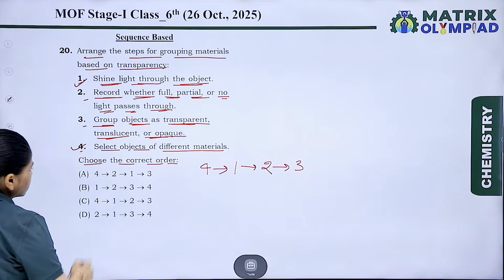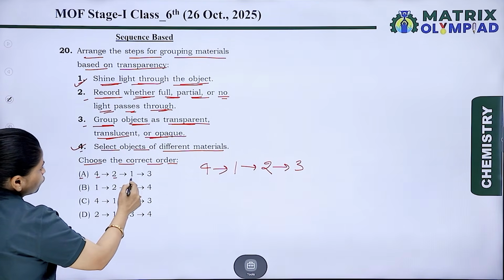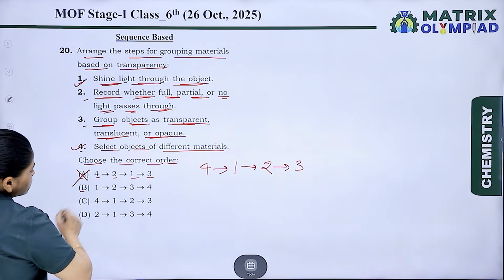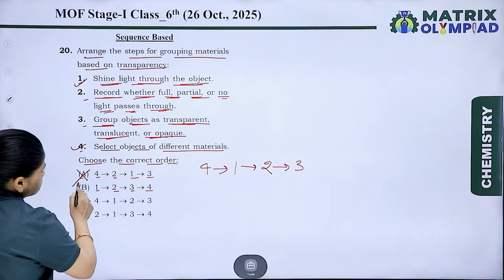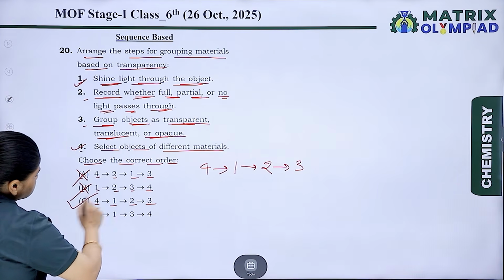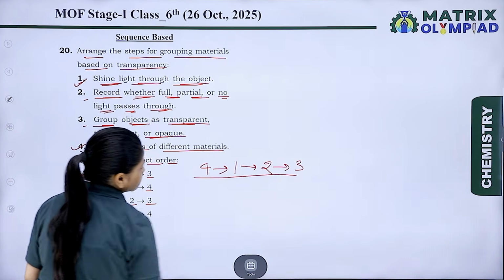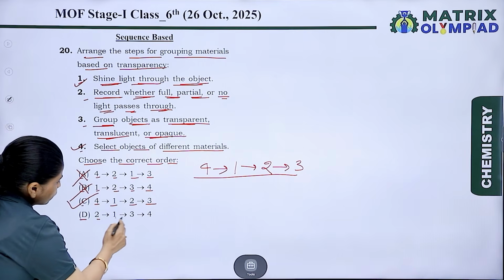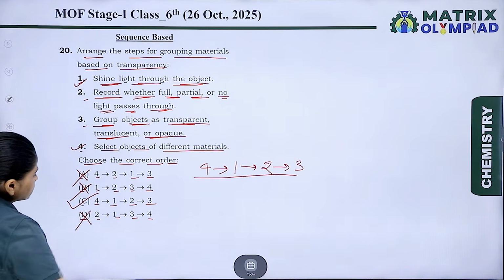So options are: option A 4 2 1 3, this is wrong. Option B 1 2 3 4, this is again wrong. Option C 4 1 2 3, yes, this is the correct order. And option D 2 1 3 4, this is again wrong.